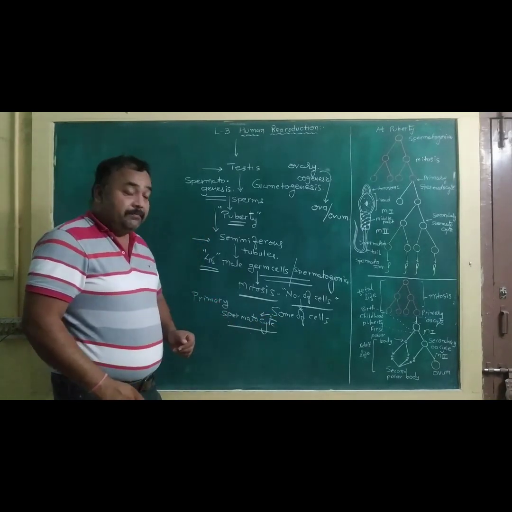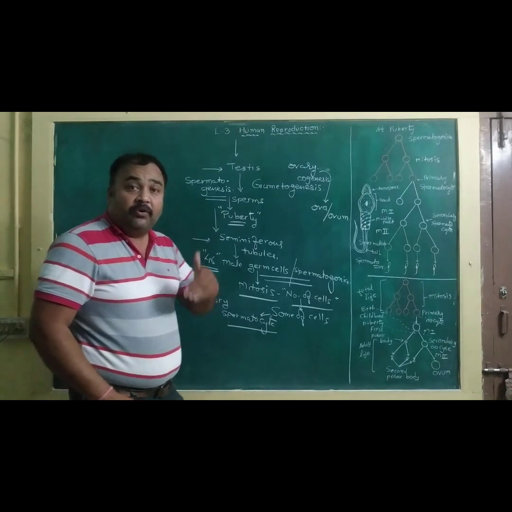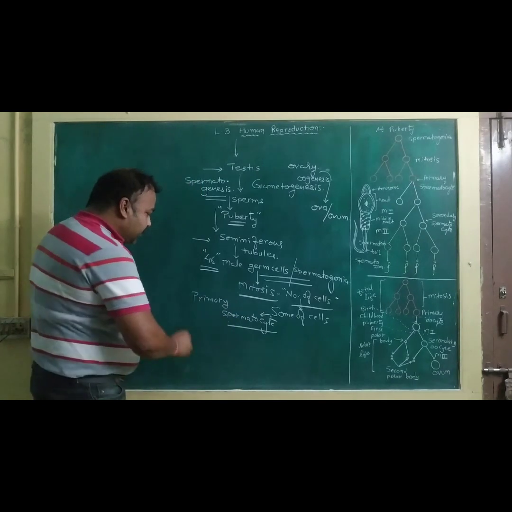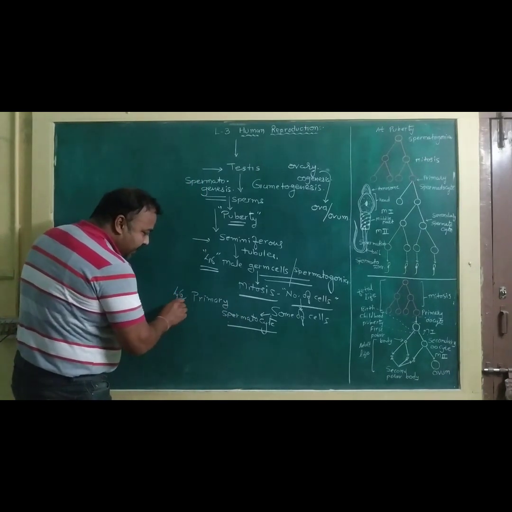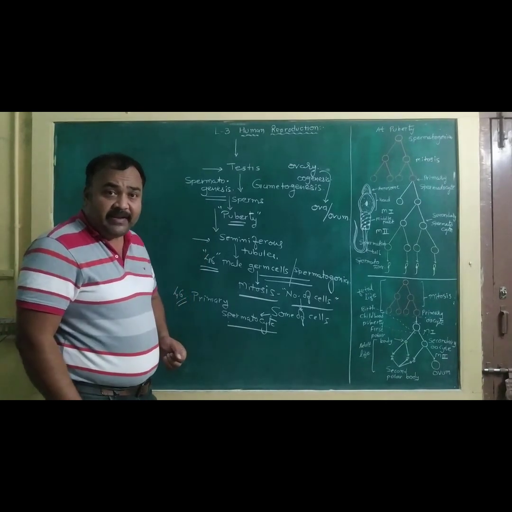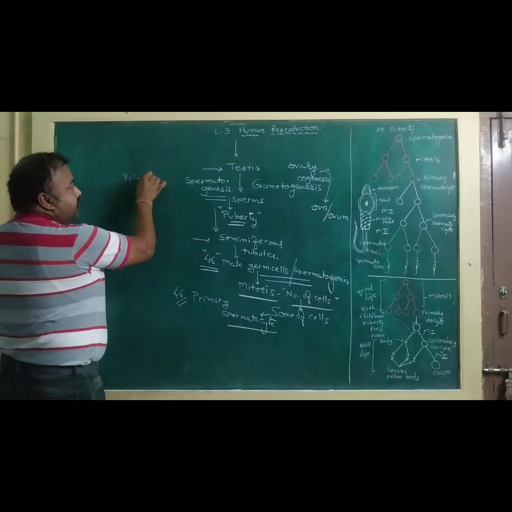Here, primary spermatocyte formation occurs only by the growth of the cell. So no division occurs, and the number of chromosomes will be the same in primary spermatocyte, that is diploid, 46 chromosomes each.